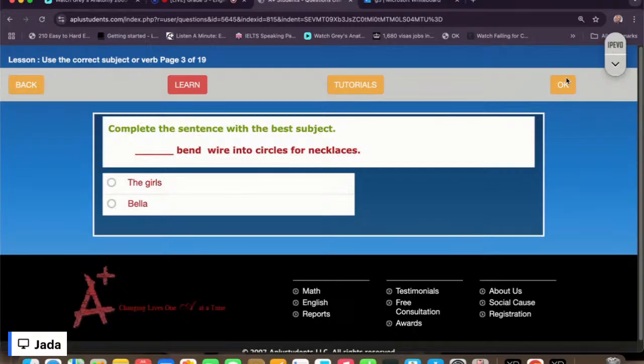Dash bend wire into circles for necklace. The girls or Bella?